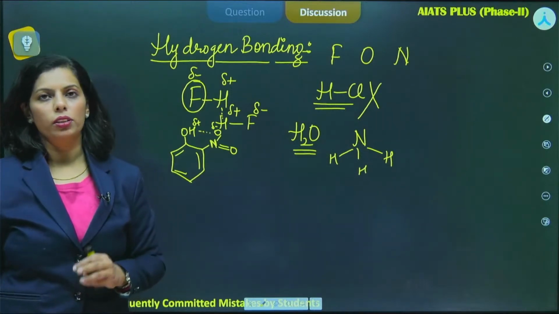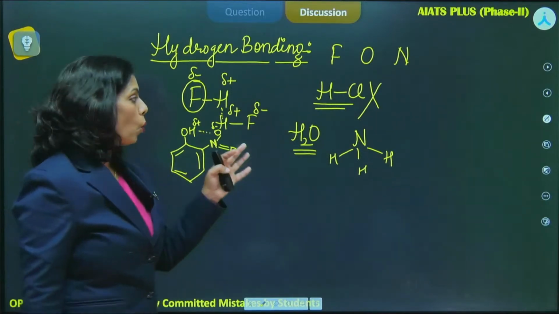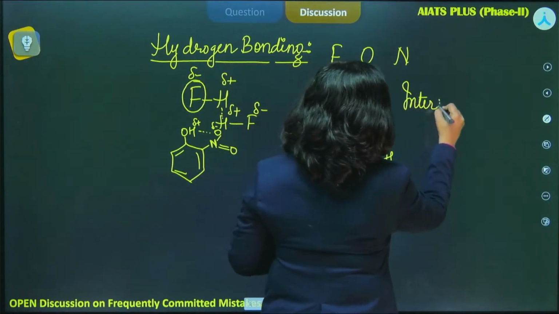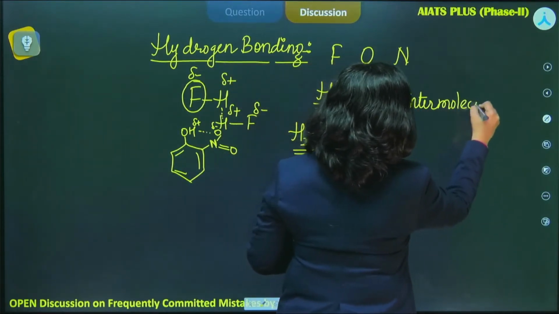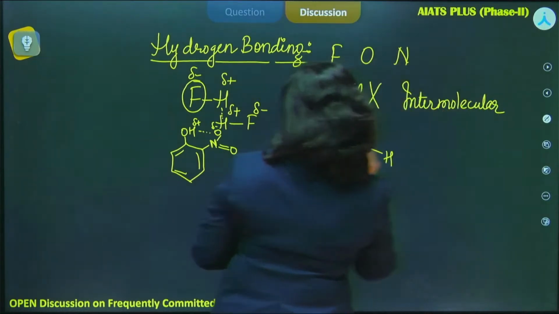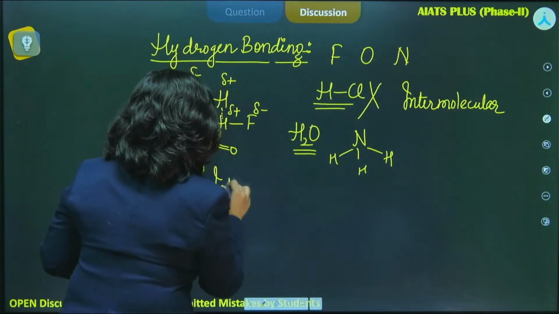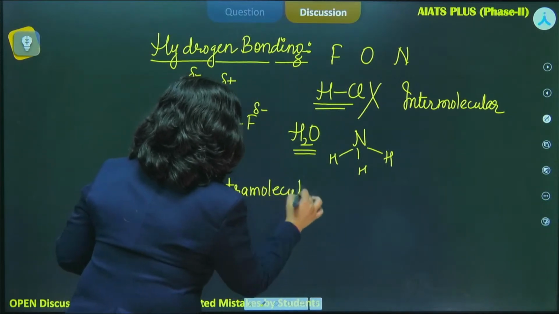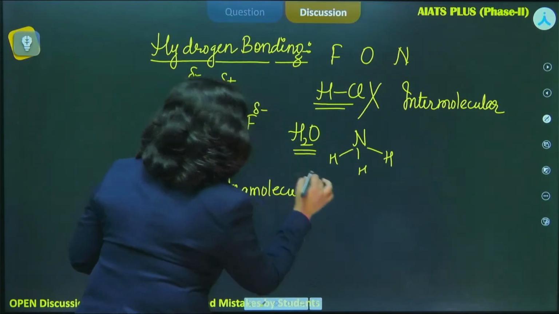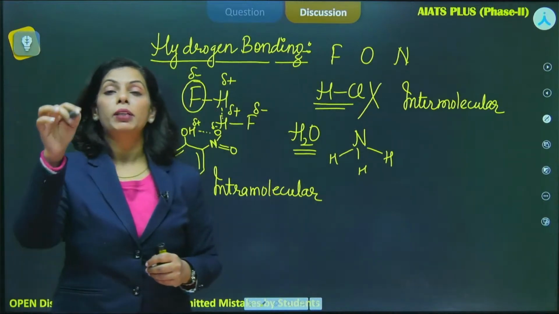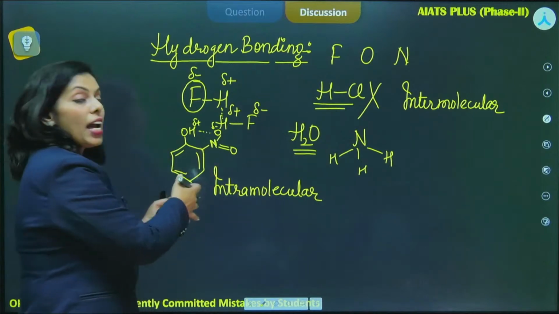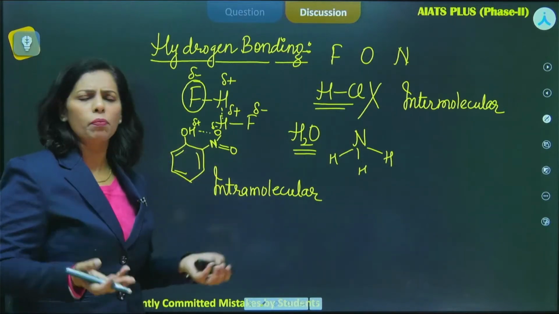Intramolecular hydrogen bonding. The two types of hydrogen bonding: one is intermolecular, another is intramolecular. So this type of question is also very famous with respect to the NEET exam, whether this species has intramolecular hydrogen bonding or not, or whether the specific species has hydrogen bonding or not. So that type of question is there.